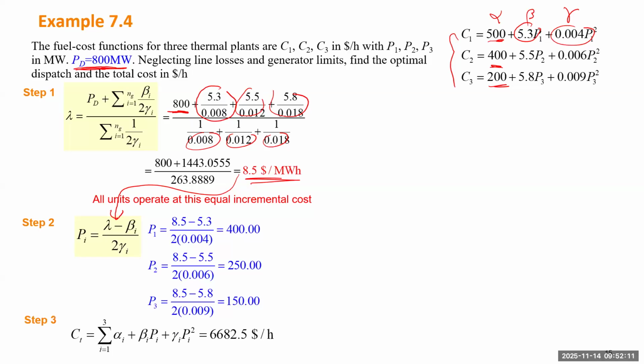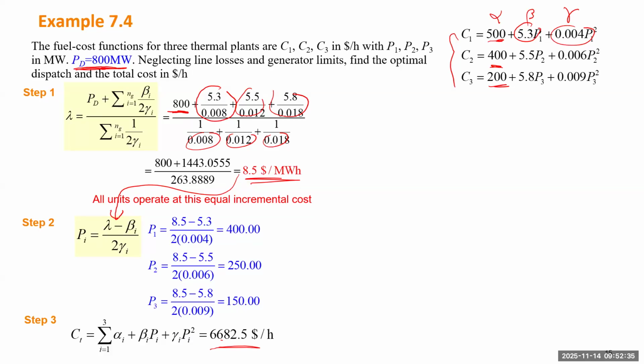The last step, calculate the cost. So that is $6,682.50 per hour. That's the price you're going to pay for the 3 units to generate the power for 800 megawatt. Okay, it's done. It's very simple, right?